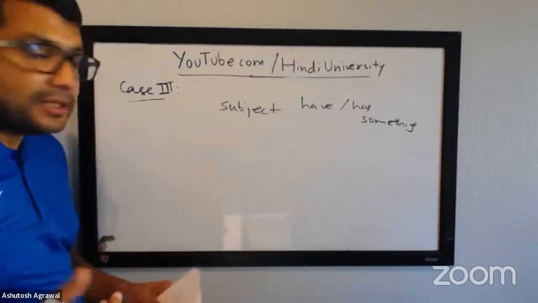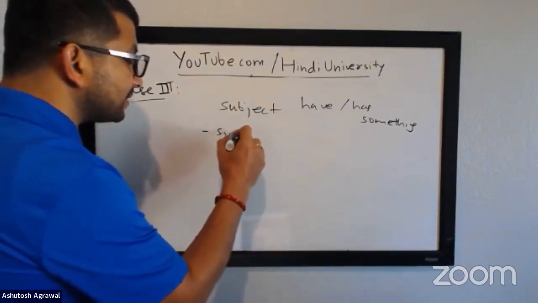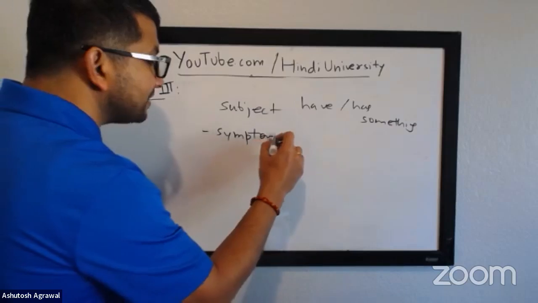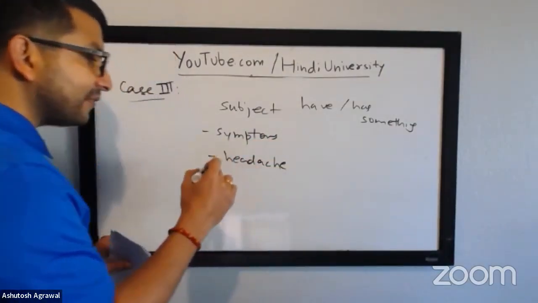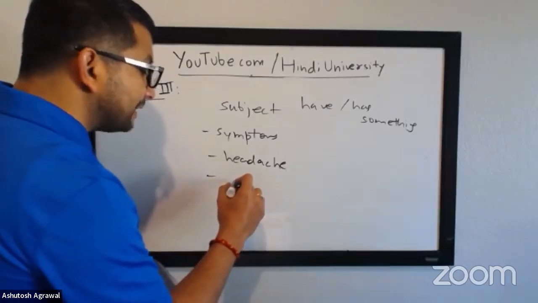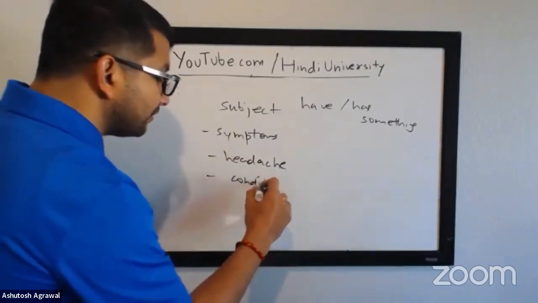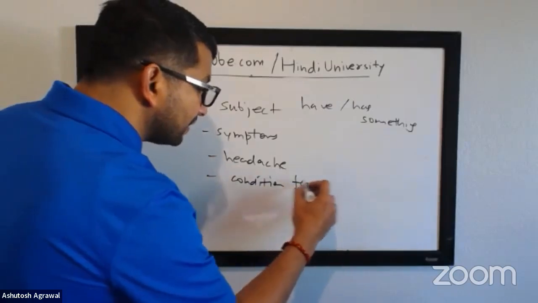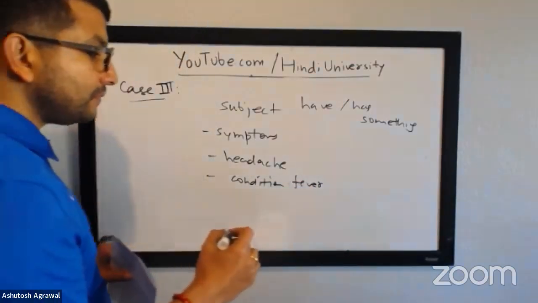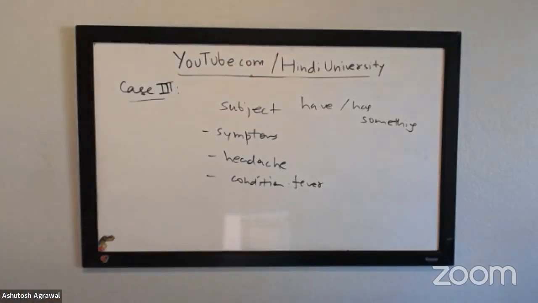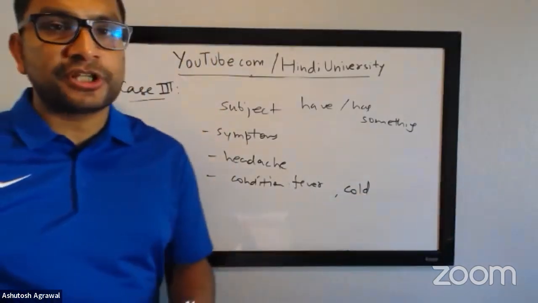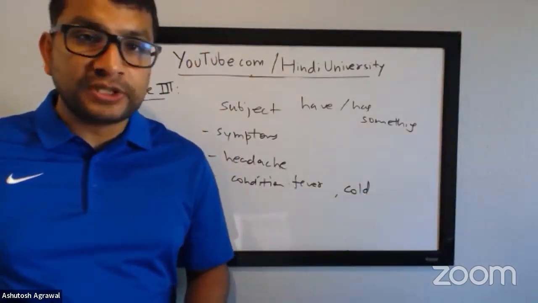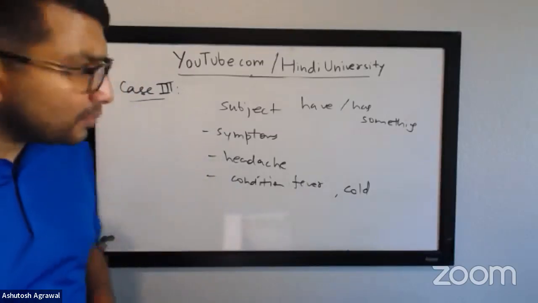Not material possession, but let's say you have some symptoms, bodily symptoms like headache, toothache, body ache, any kind of ache, or conditions like fever, or cold, any kind of physical body conditions. In those cases, this is not a material possession like मेरे पास laptop है, because then you will use के पास. Okay, but you have a scenario like this.